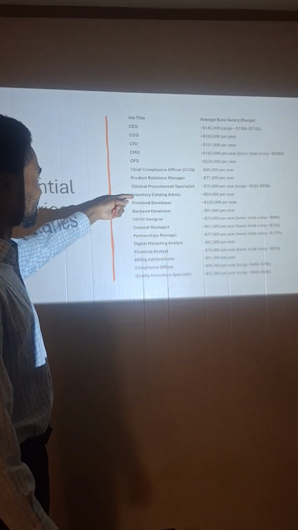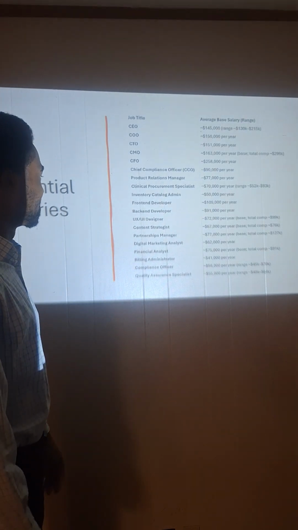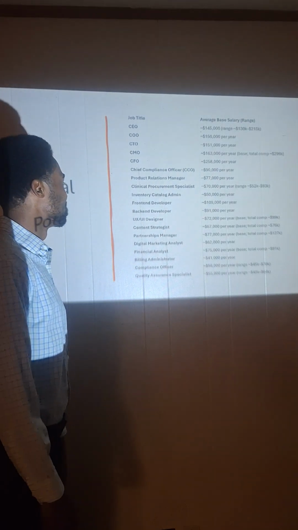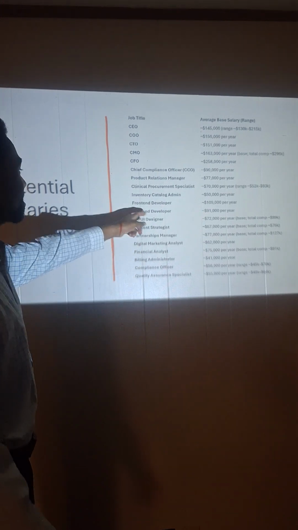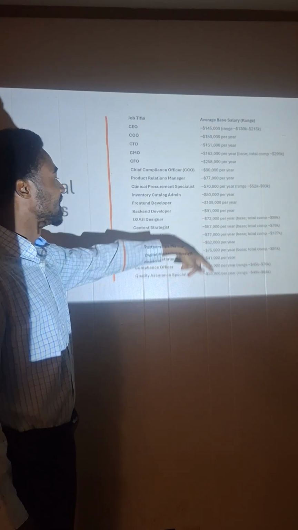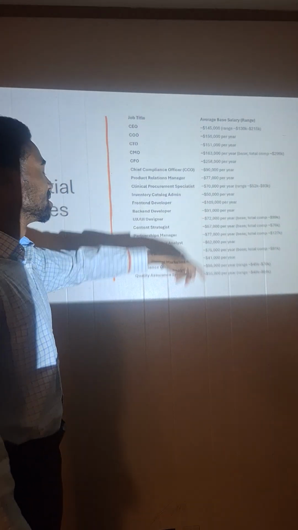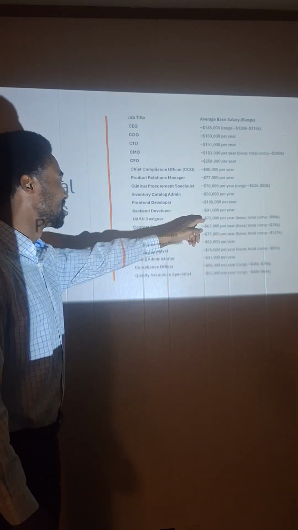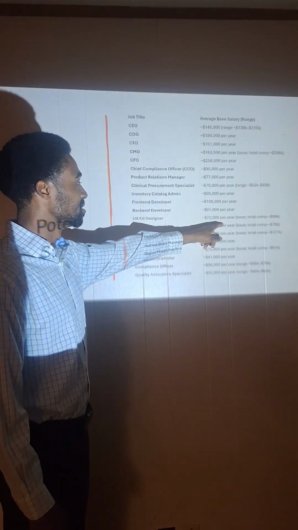Then you see some of the tech roles. They're getting paid pretty well. Front end developer, $109,000 per year. Back end developer, they're pushing six figures, $91,000 a year. UX UI designer, $72,000 a year.